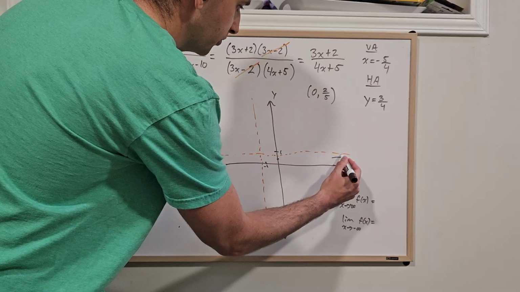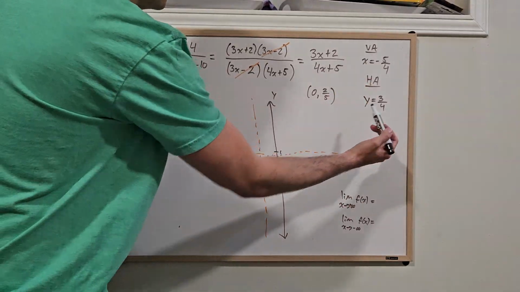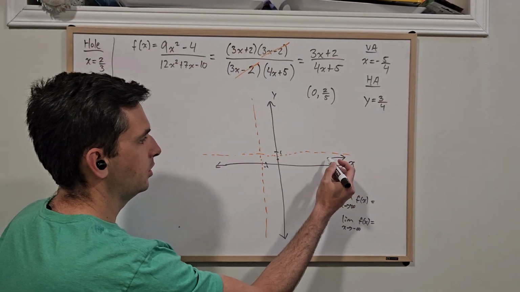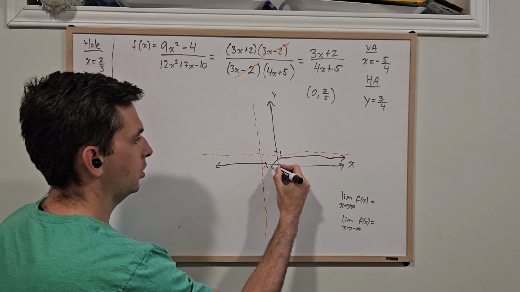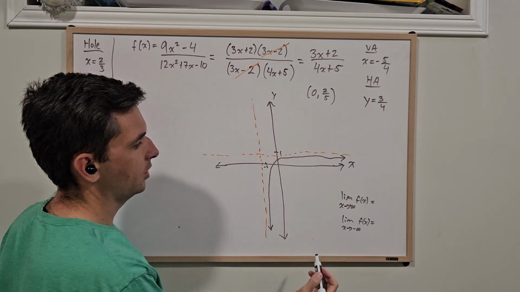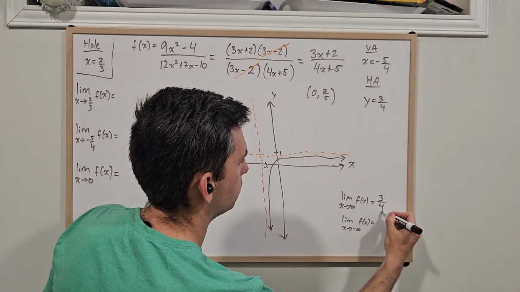It's going to come from this side, going toward that horizontal asymptote, the 3 over 4, on this side. And we're going to come around and come down here. So that's going to be our 3 over 4.